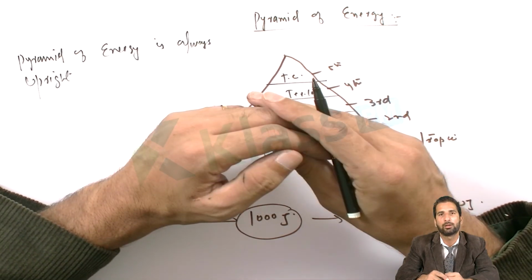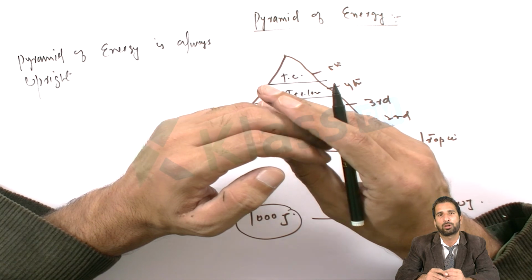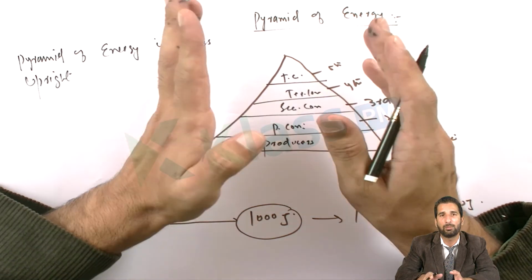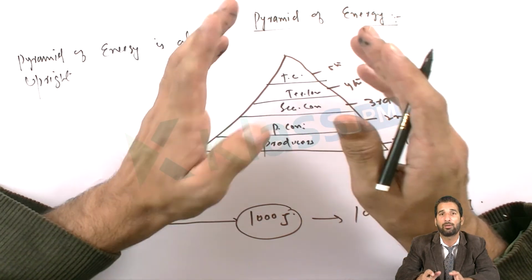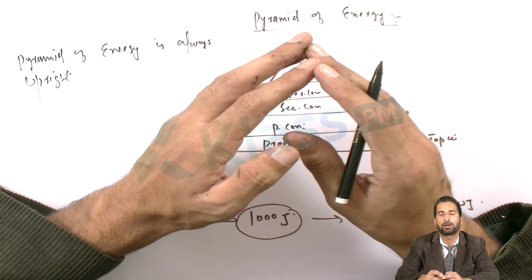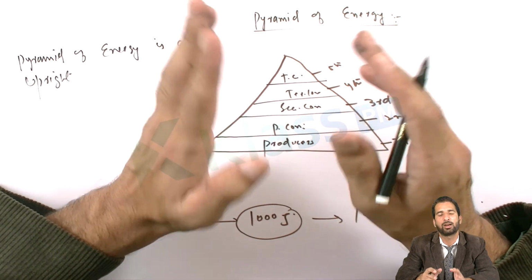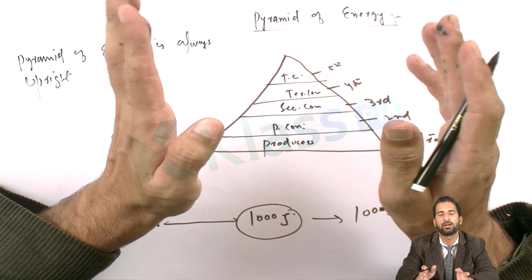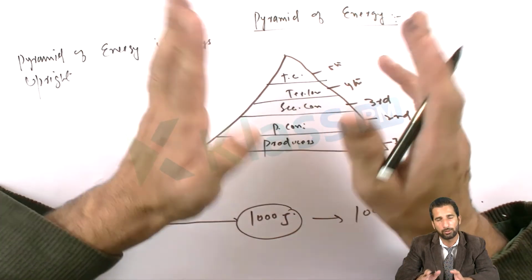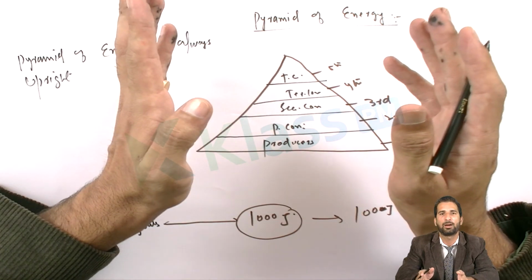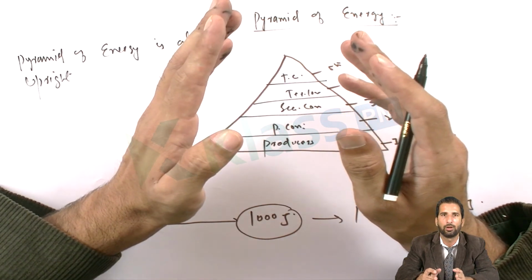According to Lindeman, only 10% of the total energy is transferred when a primary consumer feeds upon a producer, or when a secondary consumer eats the primary consumer. The rest of the energy is utilized by the body, or dissipated as heat. So this is all about the 10% law.